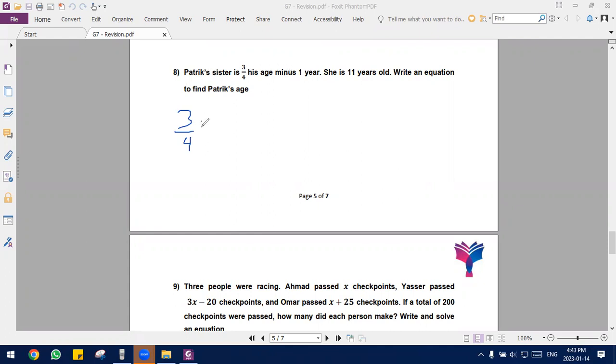Okay, so let me use P. So she is 3/4 of his age minus 1 year. And now she is 11. So you write the equation of her age and then you put 11. Now I can find the age of Patrick because here I have P. First of all, you take minus 1 to the other side. It will be plus 1.